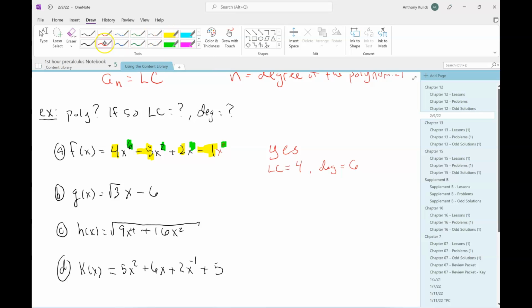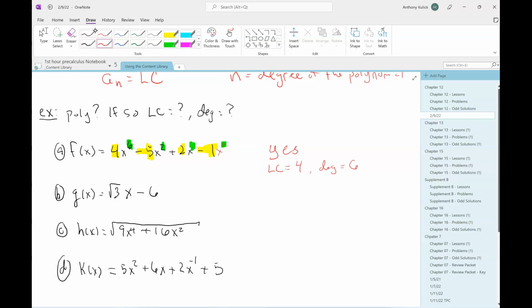Let's look at B. So g of x is equal to the square root of 3 times x minus 6. Is this a polynomial? Should we have the square root and be going on? Well, the answer to that question is, it depends. It is a polynomial.